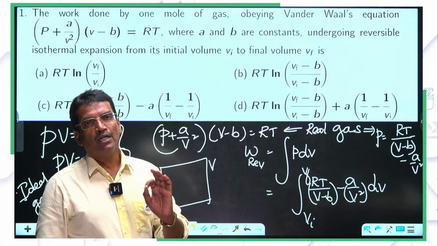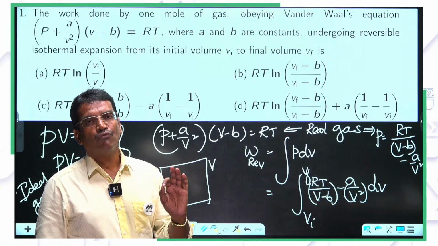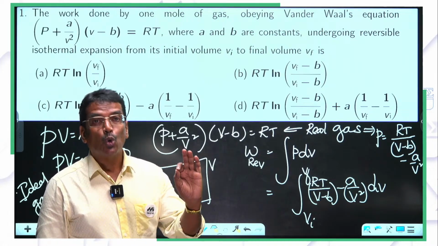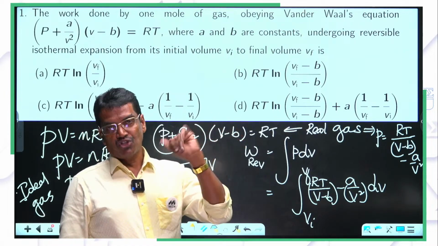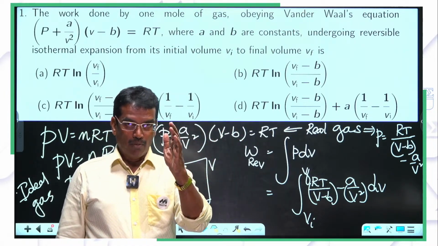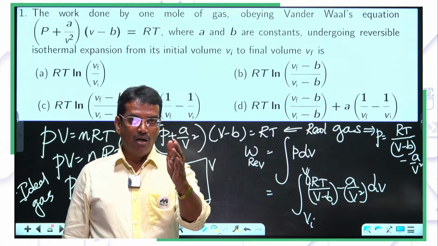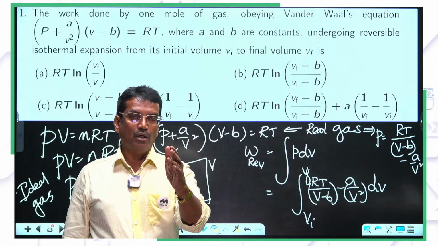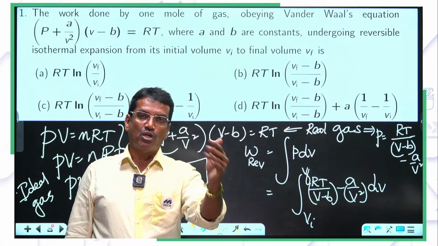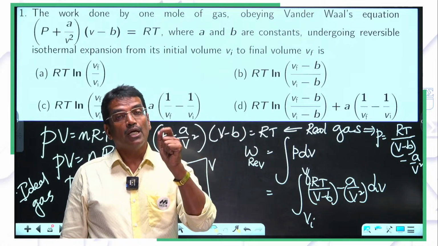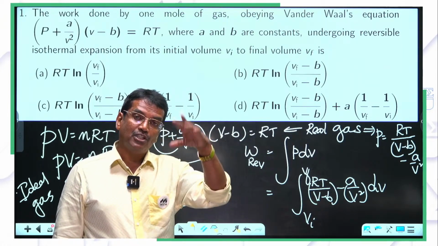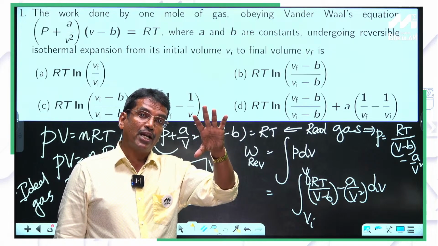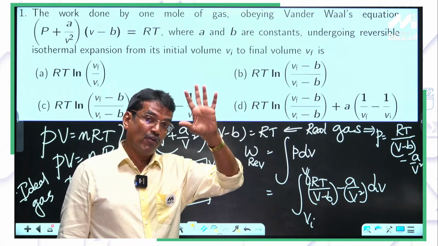Integral PdV is the formula written for work done by a closed system during a reversible or quasi-static process. If it is minus integral VdP, not PdV, this is the steady flow work done during a reversible process for an open system.